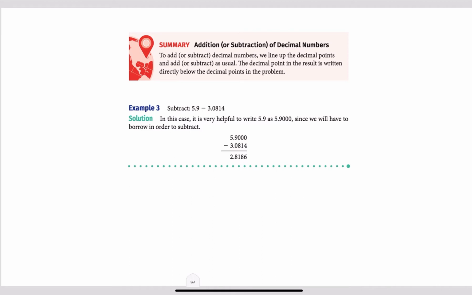Of course, the real world is often a little more difficult than addition, so let's have a look at subtraction. Here, if we want to subtract 5.9 minus 3.0814, that's 9/10, and that's 814 ten-thousandths, then we have to line them up in such a way that their decimal points are lined up so that all the place values are in the same place.